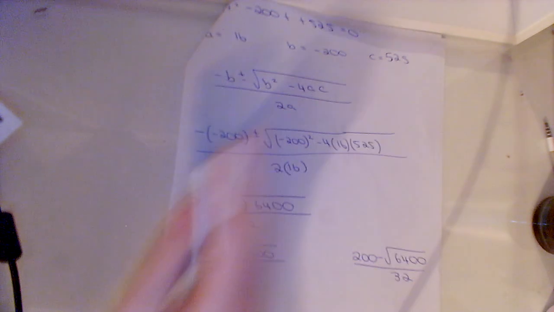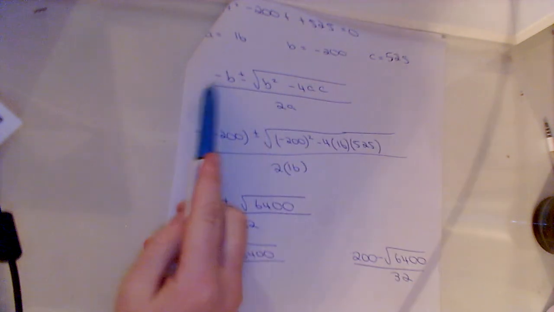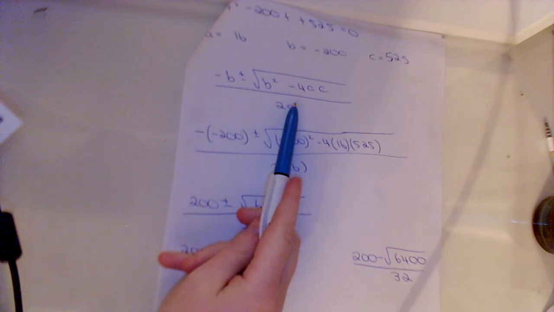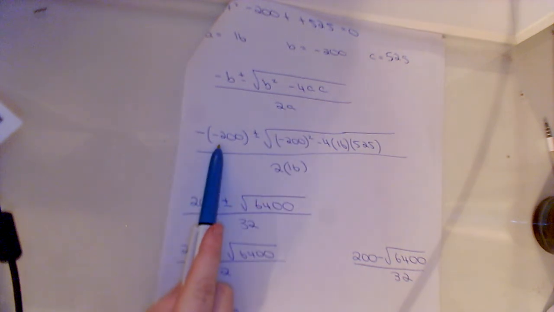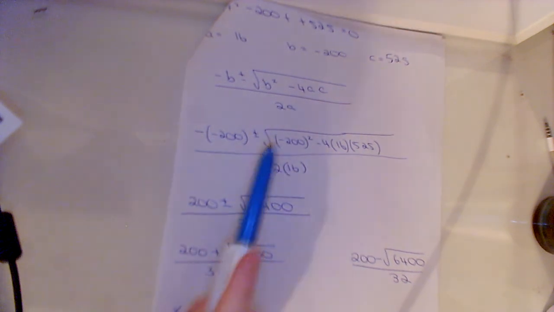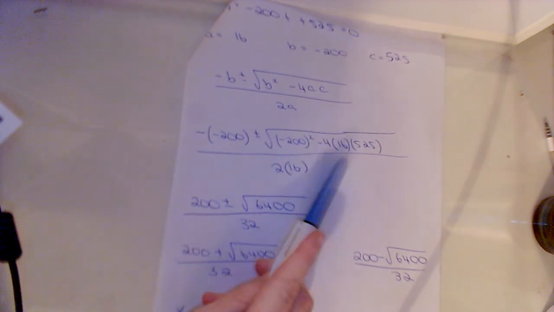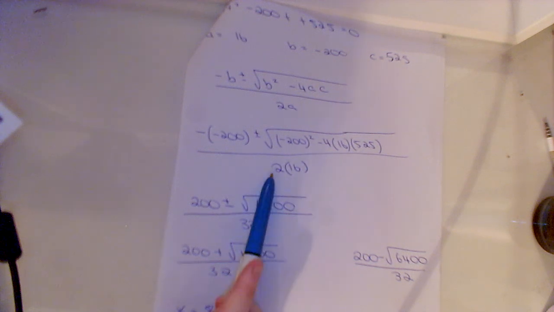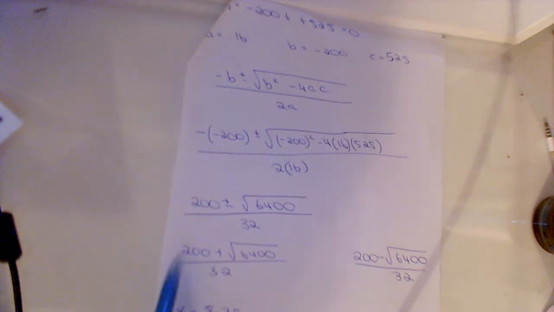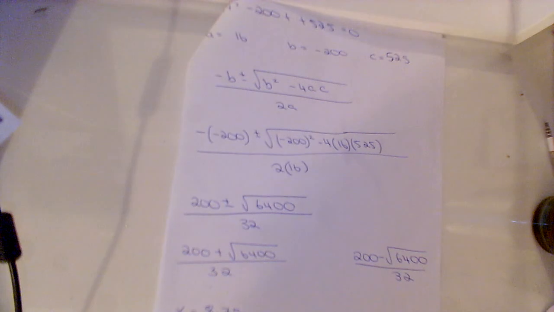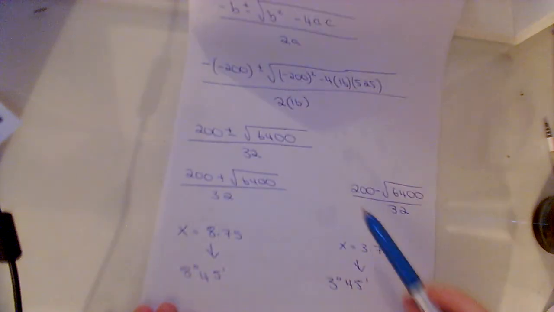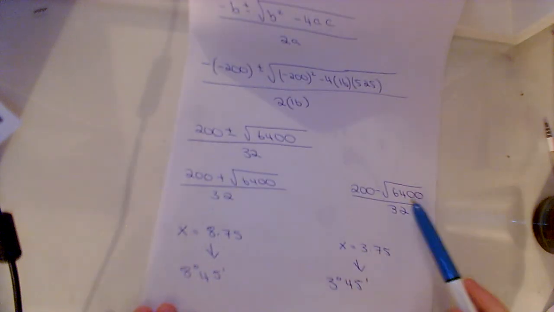So I'll have my formula: minus b plus or minus the square root of b squared minus 4ac, all over 2a. So I'll have minus minus 200 plus or minus the square root of minus 200 squared minus 4 bracket a bracket c, all over 2 bracket 16, and I'm going to sub this all in. So I'll have 200 plus the square root of 6,400 over 32, and 200 minus the square root of 6,400 over 32.